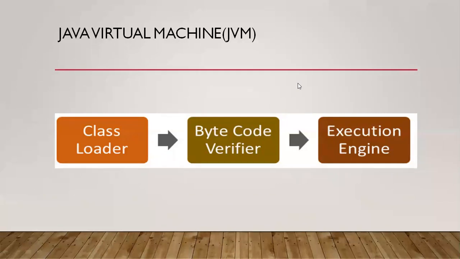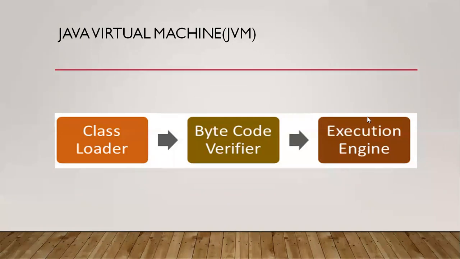After allocating the memory for program objects, those objects will be sent to the execution engine. This execution engine has two translator units combined. What are those?